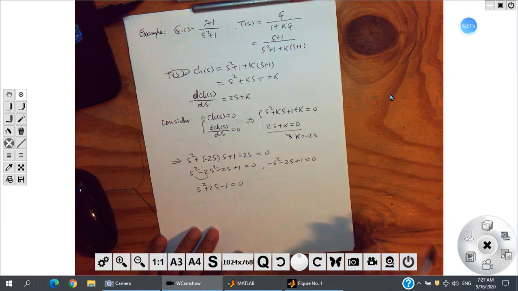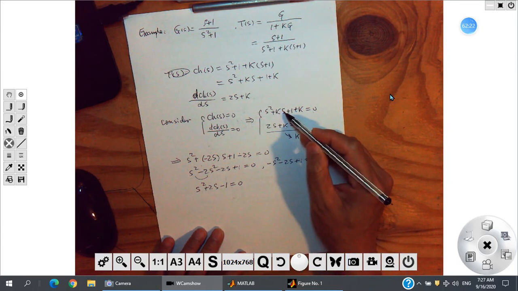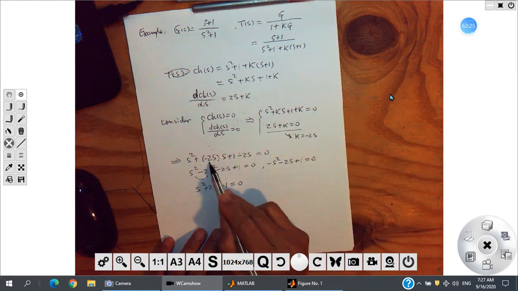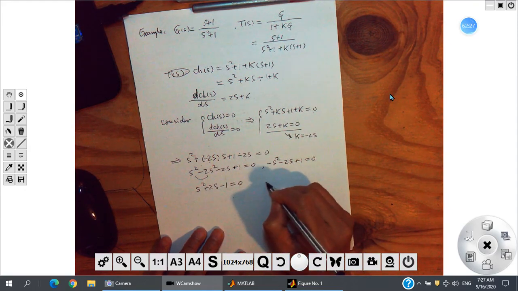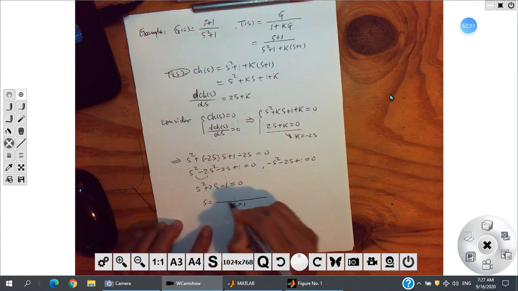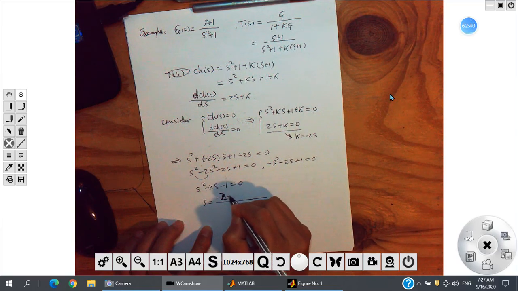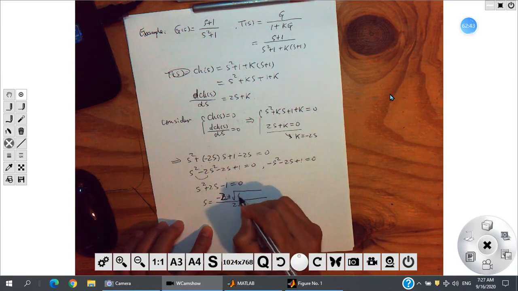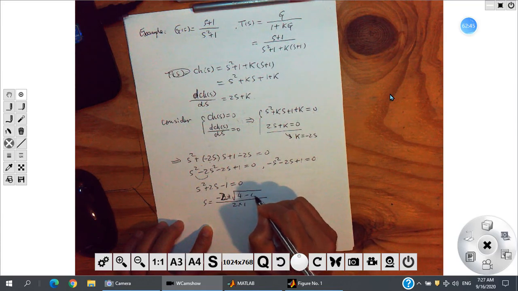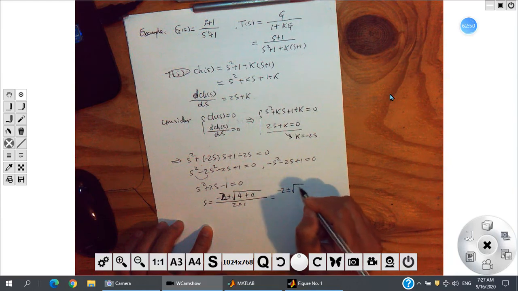Then what will be the solution? K is negative 2s. So s equals negative b plus or minus the square root of b squared minus 4ac, over 2a, with a equal to 1 and b equal to 2. So it's negative 2 plus or minus the square root of 8 over 2.